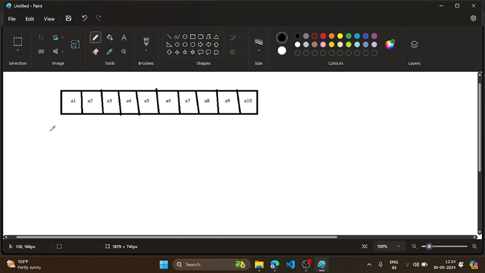Suppose this is my i, this is my j, and I have chosen this as my k. Now they want that the XOR of A2, A3 and A4 should be equal to the XOR of A5, A6, A7, A8 and A9.